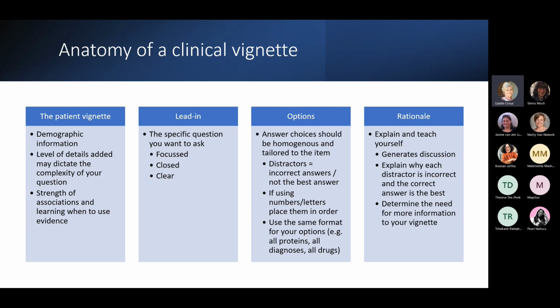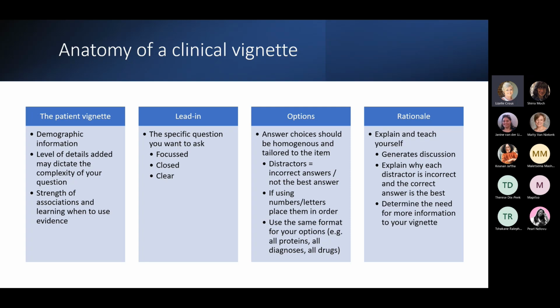And normally what you will include in there is the demographic information. The level of detail added may dictate the complexity of your question. So if it's just an introduction and you just want to gauge the understanding of the students, then the level of complexity or the amount of information added might be limited.